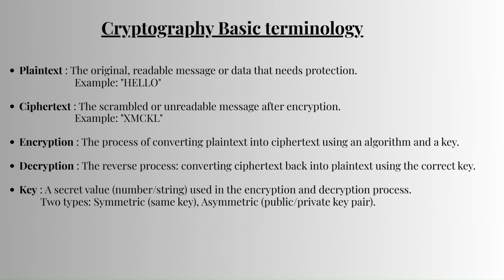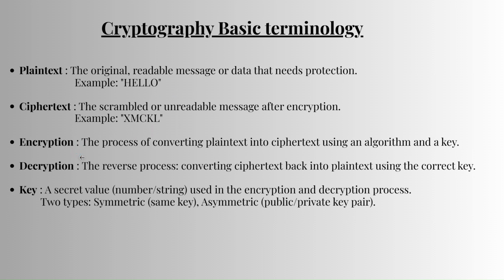The basic terminologies of cryptography are plain text, which is the original human-readable message, or the data that needs protection, for example, hello. Ciphertext is a scrambled or unreadable message after the encryption. Let's say this is the ciphertext, or the scrambled message, of hello. Then comes encryption.